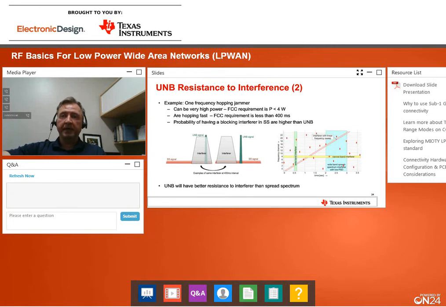We can also interfere as a wideband but short signal, or a wideband but longer signal, or even a narrowband but long signal. And a frequency hopping narrowband signal like this, we believe, is the strongest. And this is actually one of the reasons that we are investing in the MIOTY Alliance, which is based on a fast frequency hopping narrowband technology like what I described here.